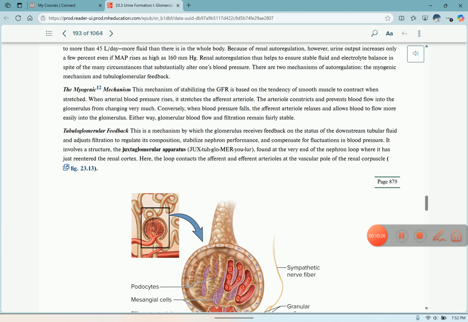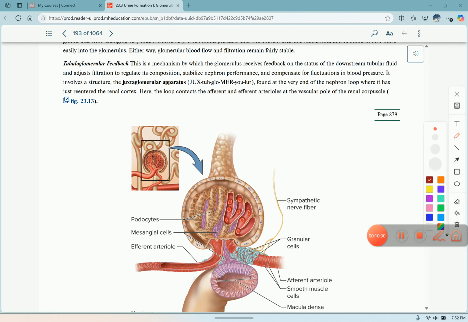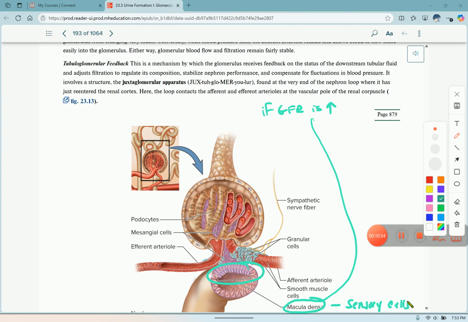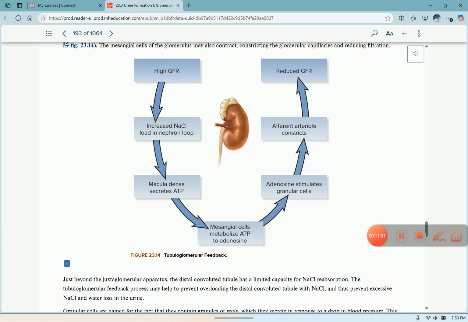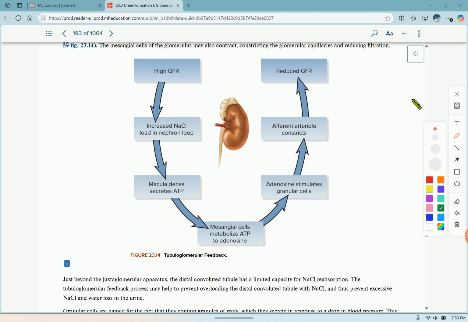Okay, if the GFR is high, the macula densa, which is a group of sensory cells, will detect the high GFR. So here's your high GFR.